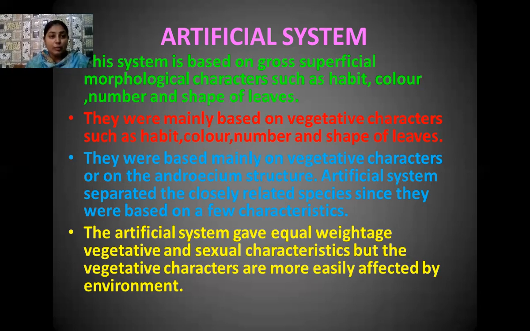And the sexual characters such as the structure of the androecium as well as the vegetative characters were both considered at the same time. But there is a big difference between both of these. As you know, the vegetative characters generally get affected by changes in the environment. So this is the major disadvantage of this artificial system of classification.